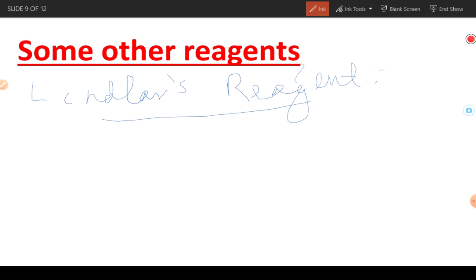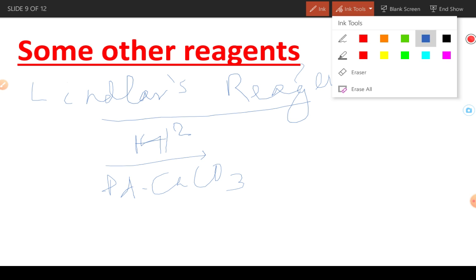Here Lindlar's reagent is actually H2 in presence of Pd and calcium carbonate. This is your Lindlar's reagent. This is a very very important reagent. I will be telling you one example.